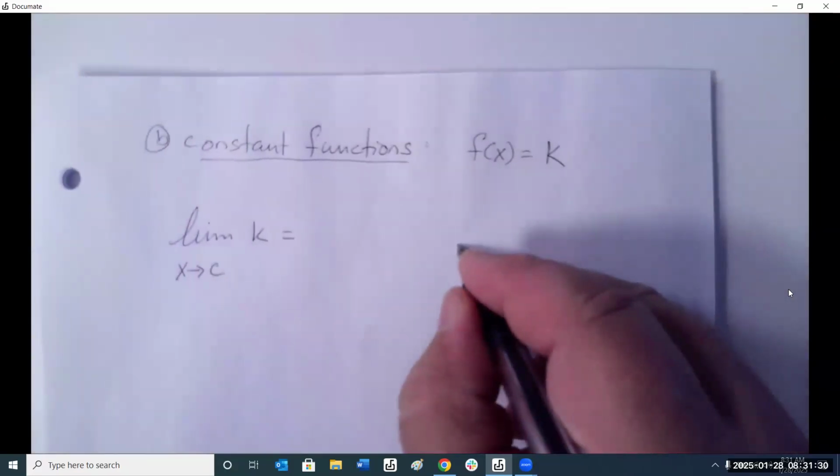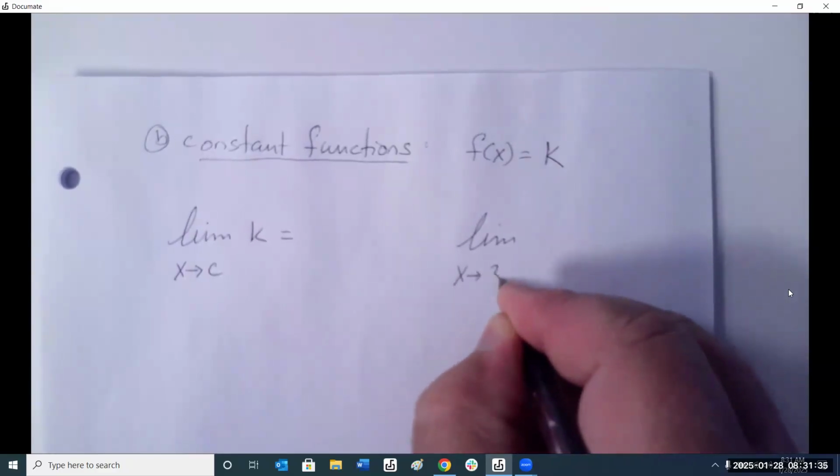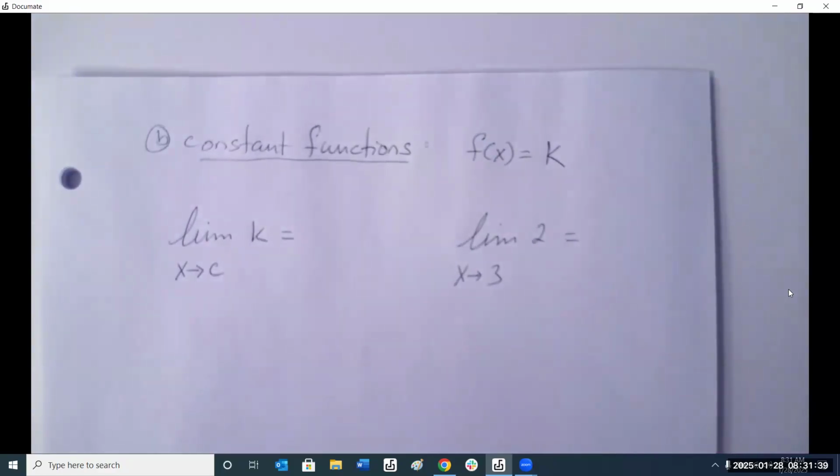So what this is saying is this. As x approaches, let's say 3, and my constant function is 2. What's my limit?